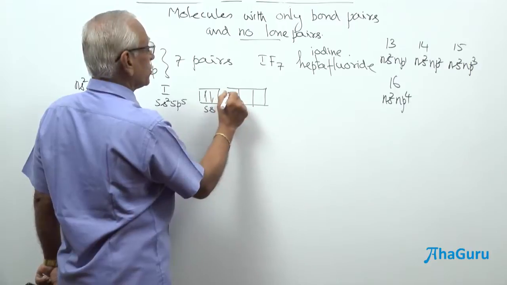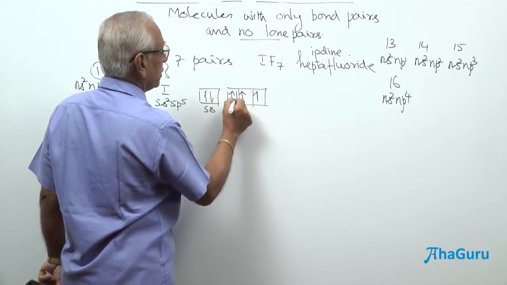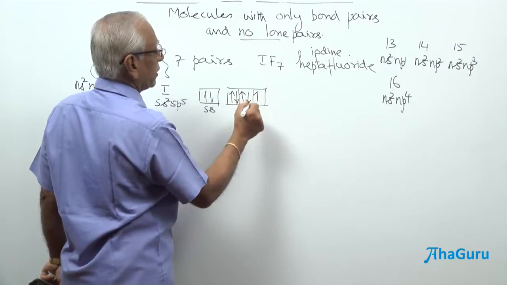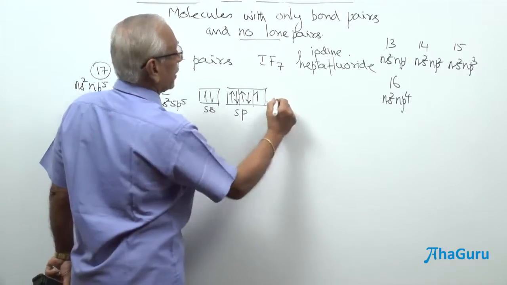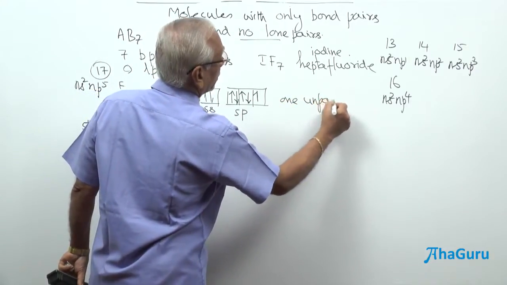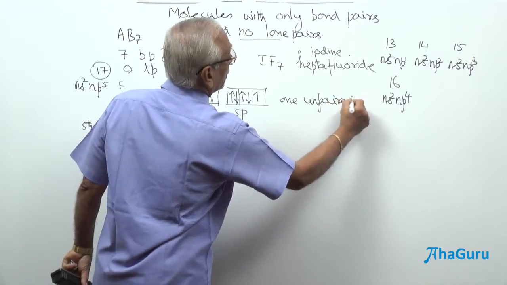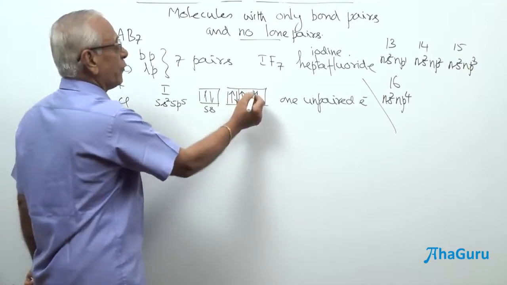You make use of Hund's rule, number 1, second electron, third electron, the fourth electron and the fifth electron gets paired up. And how many unpaired electrons? There is one unpaired electron, a single electron, and this unpaired electron is responsible for the bond formation.